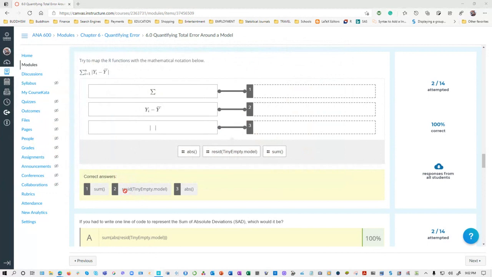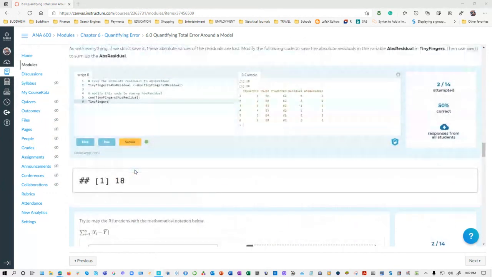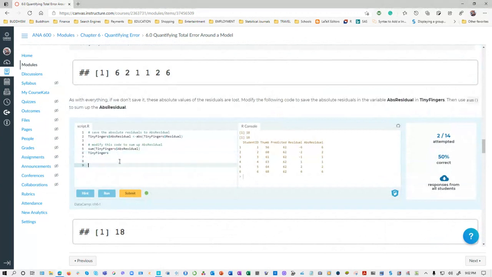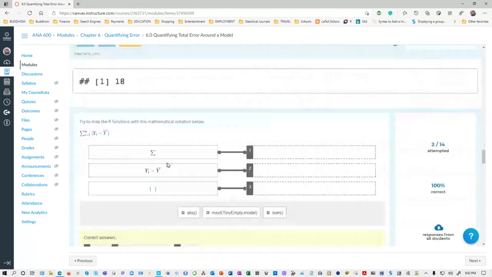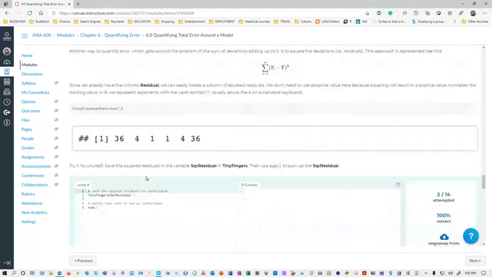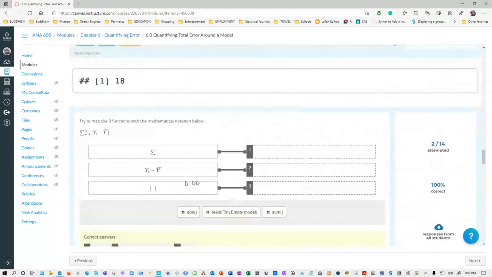So this one you can remember that in the very beginning, the tiny empty model. Can you remember how you got that one? Before you come to this one, before you get the residual, I can show you this one.